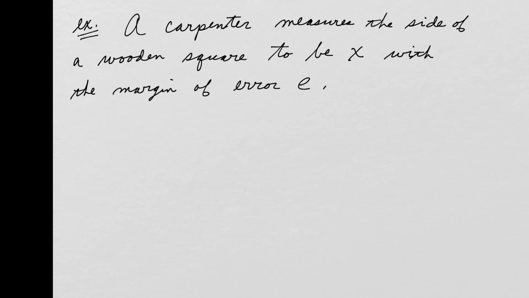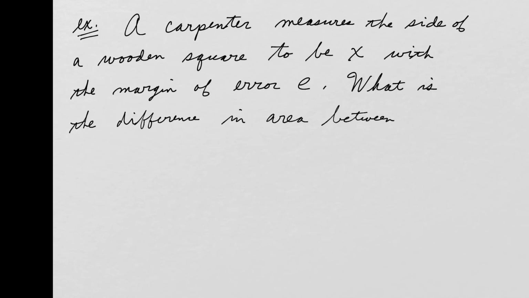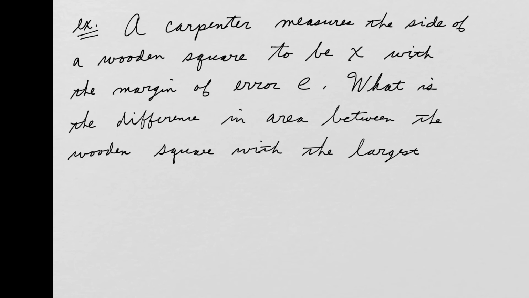And then the question, okay, so you're given that information. Now the question is, what is the difference in area between the wooden square with the largest possible dimensions and the wooden square with the shortest or least possible dimensions?